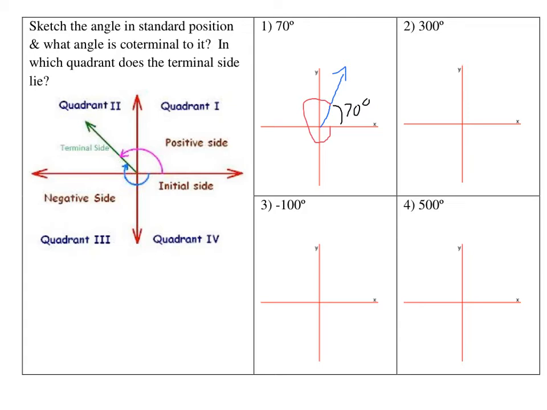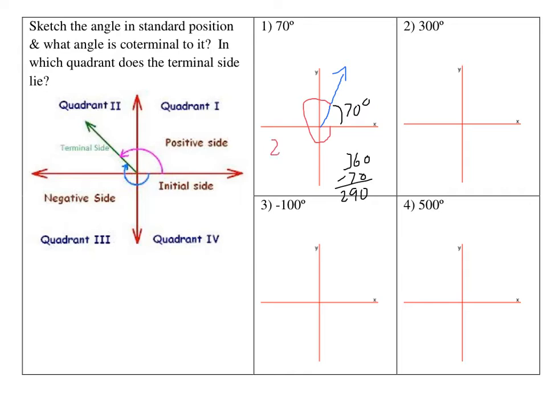Now, what's the easiest way to find 70 plus something is 360? Isn't it basically we're going to subtract? Can I simply go with 360 minus 70, would that give me my other coterminal angle, the one that makes 360 together? And when you subtract them, hopefully you see this is 290.